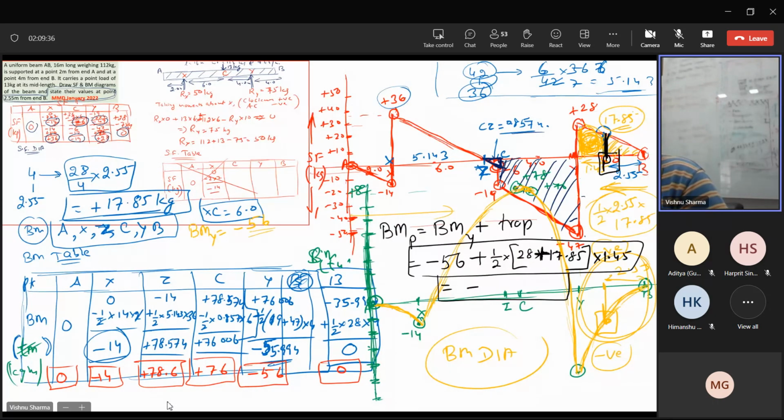Divided by 2, multiplied by 1.45. This is plus, and we had minus 56. It comes to minus 22.759 kg meter.